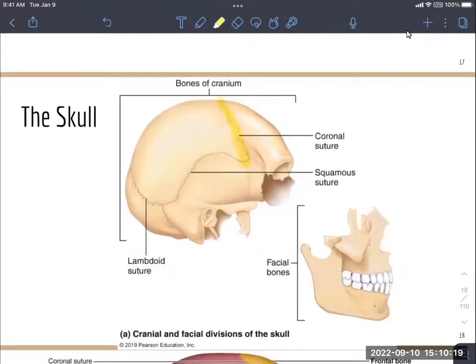We have that squamous suture. We have that lambdoid suture. And this is our parietal bone. This is our frontal bone.